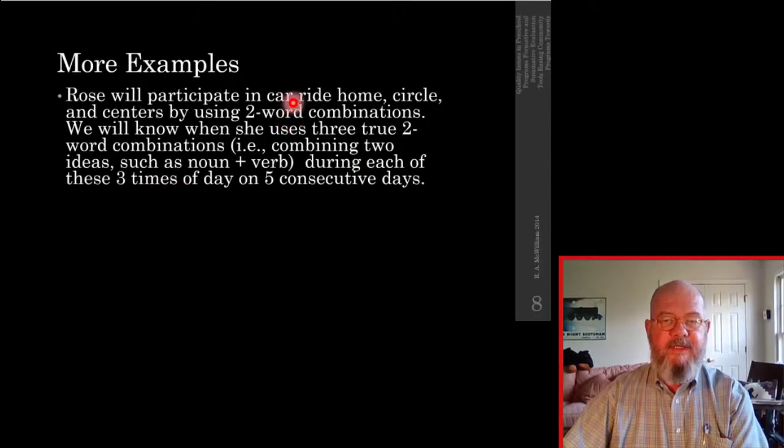So we have to see it at 1, 2, 3 times during the day on 5 consecutive days. So here the acquisition criterion is called frequency. It's the number of 2-word combinations, not duration, number.